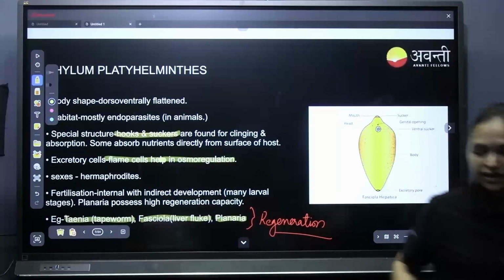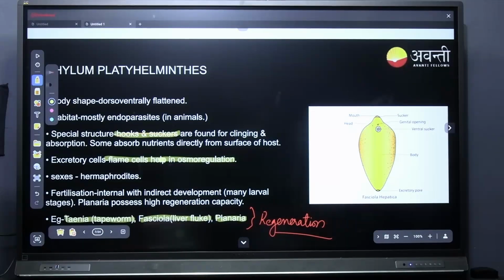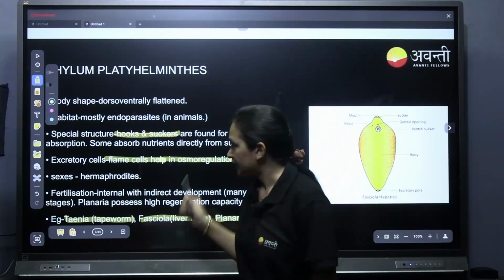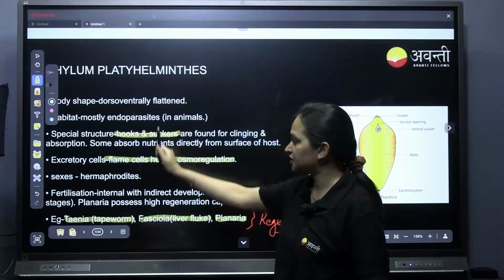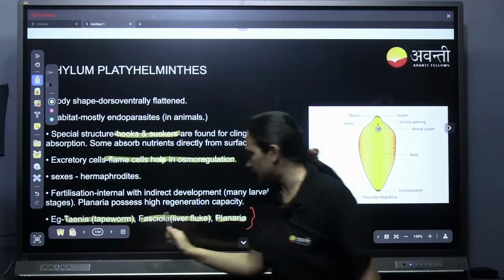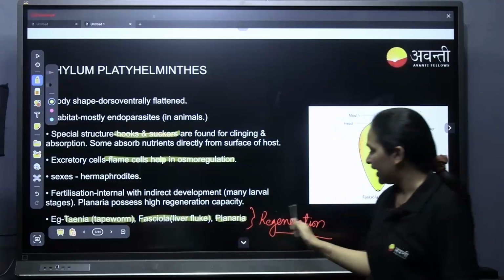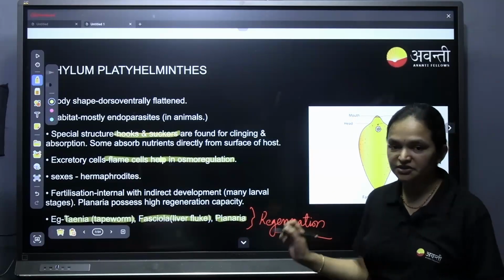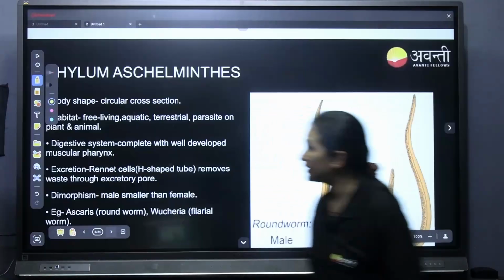That's what we call it as regeneration property. इसमें याद रखने के लिए hooks and suckers, flame cells for osmoregulation, and Taenia, Fasciola and planaria as example, and regeneration property show करते हैं ये. This is a important thing in this particular phylum.